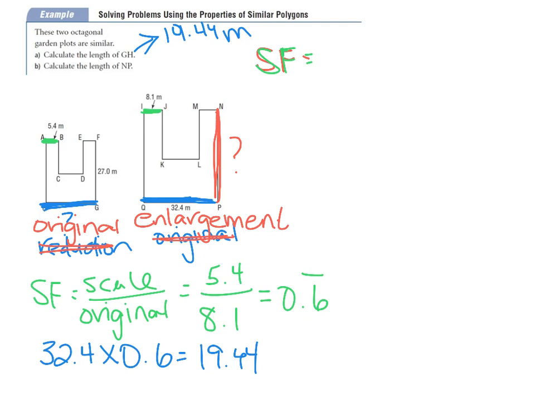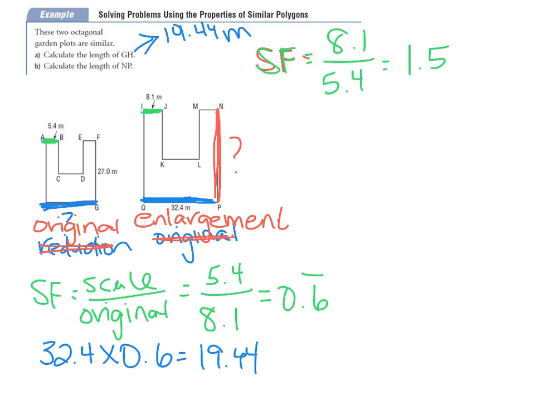So we're making an enlargement. So our scale factor is going to be bigger than 1. So 8.1 divided by 5.4. That gives us a scale factor of 1.5. So this diagram is 1.5 times bigger than this diagram.